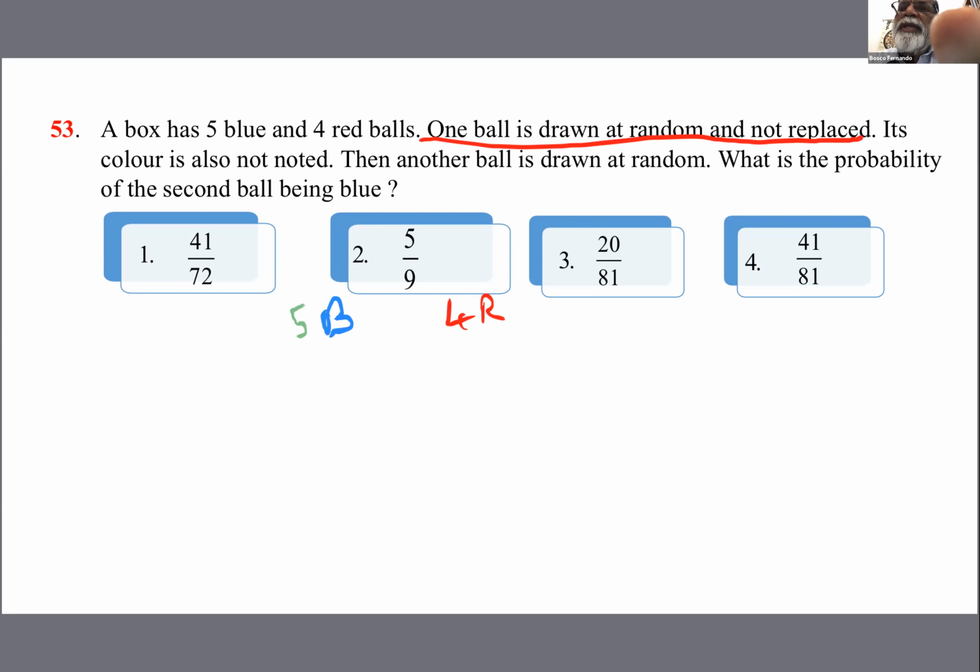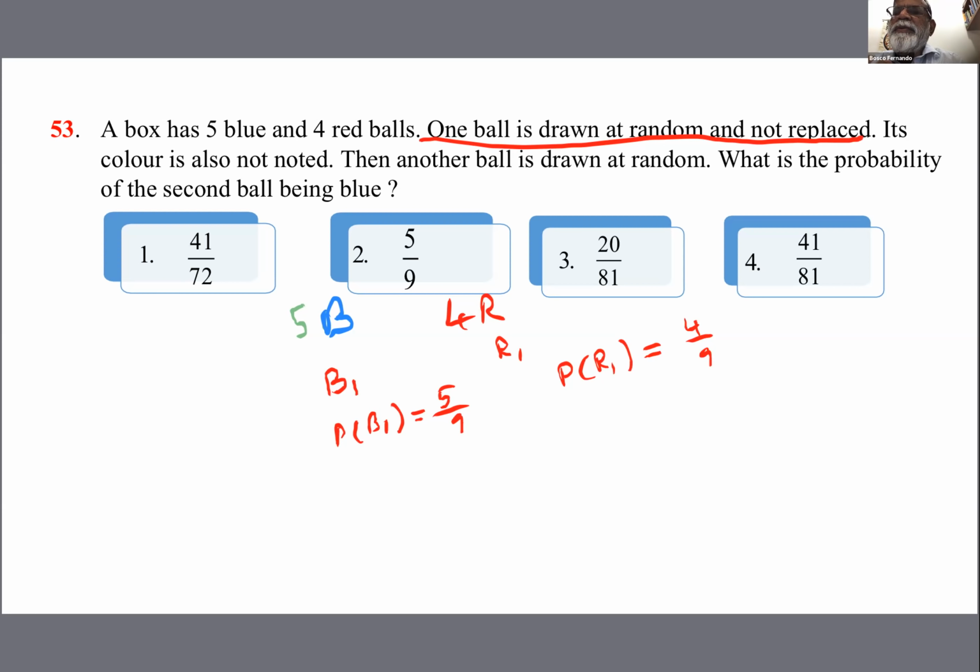So that may be a blue ball or that may be a red ball. So the probability of selecting the blue ball in the first draw is 5 by 9. Probability of selecting a red ball in the first draw is 4 by 9.